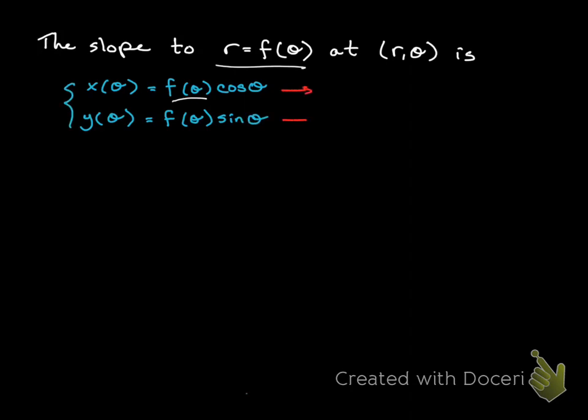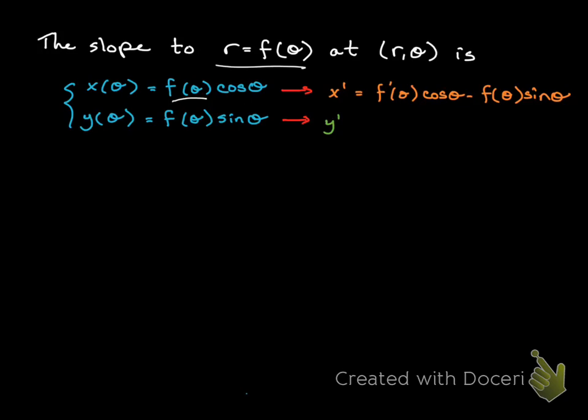Okay, so for my parametric equation here, I'm going to find both of these derivatives with respect to theta. Okay, so I got some product rule going on here. I have a function of theta times cosine of theta. So that derivative, x prime of theta, is the derivative of the first times the second minus the first times the derivative of the second, right?